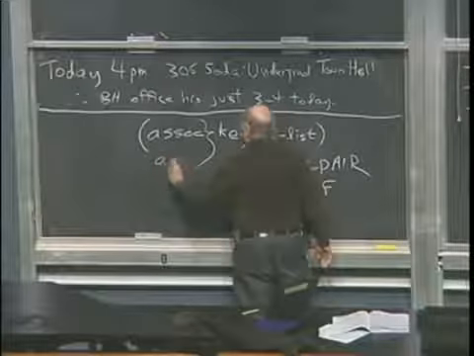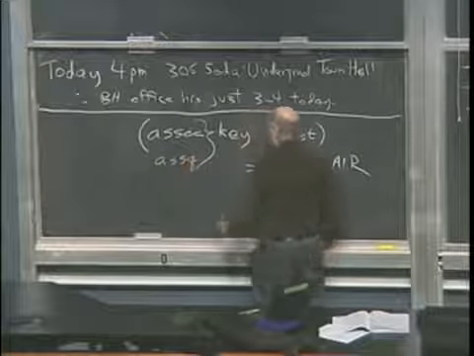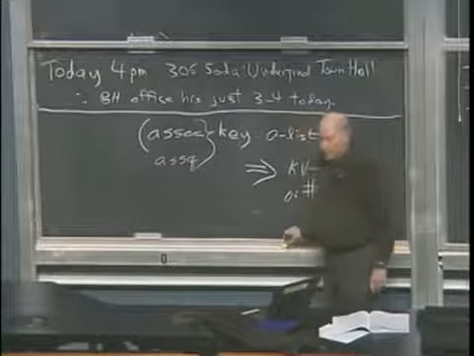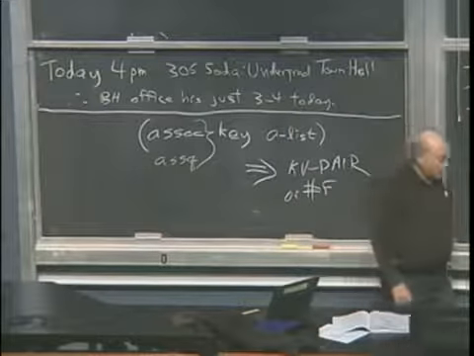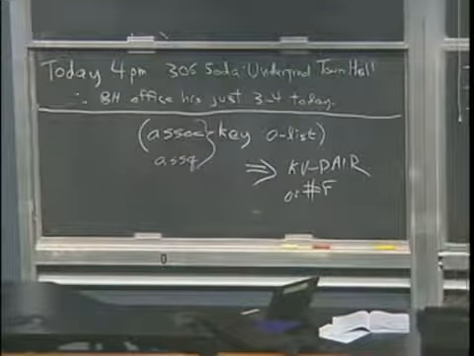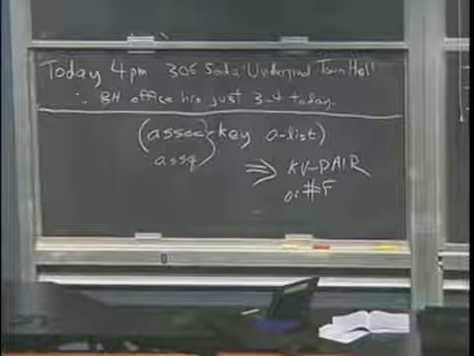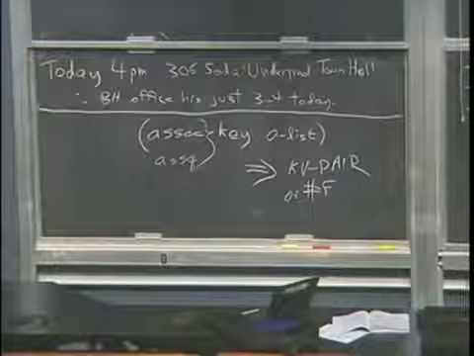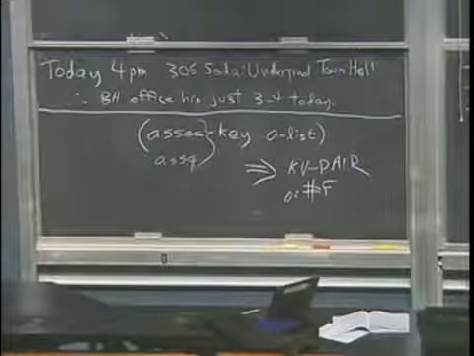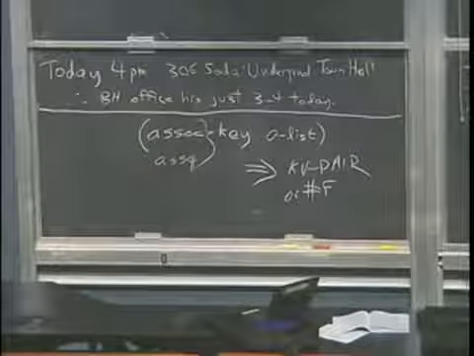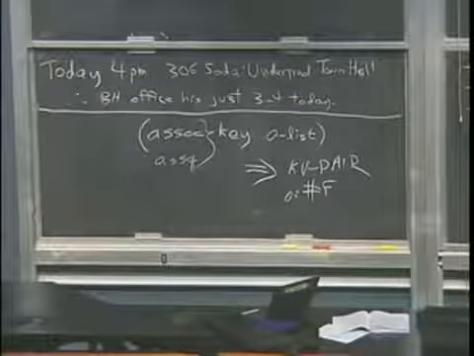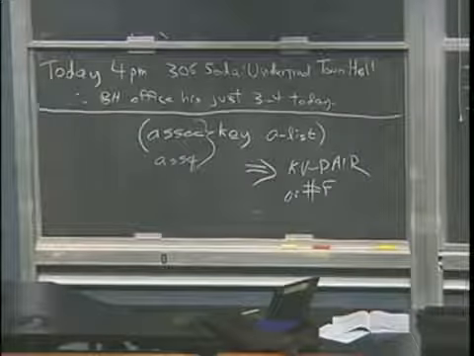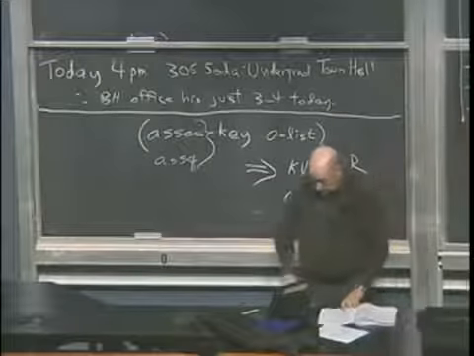The other one is called ASSQ. Sounds kind of funny, but that's its name. Which is just like ASSOC, except that ASSOC uses equal to make its comparisons, and ASSQ uses EQ to make its comparisons. Okay? So you get your choice.